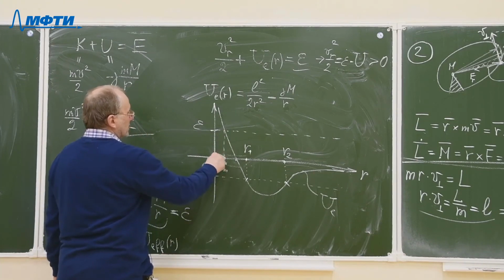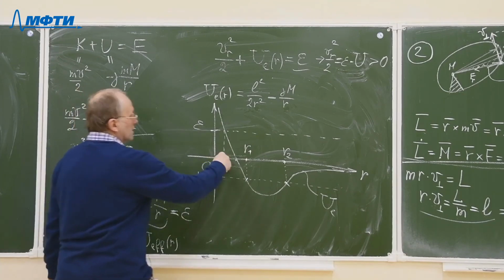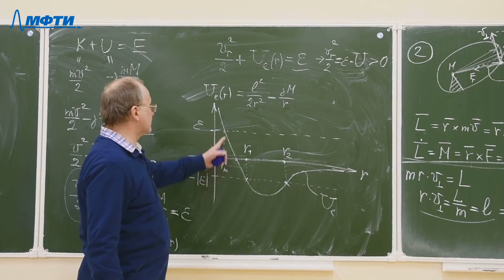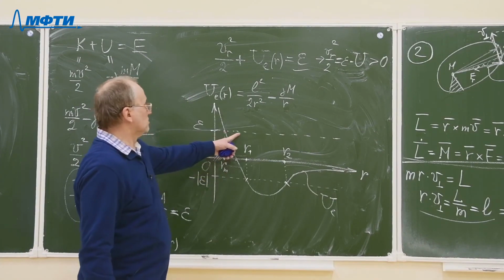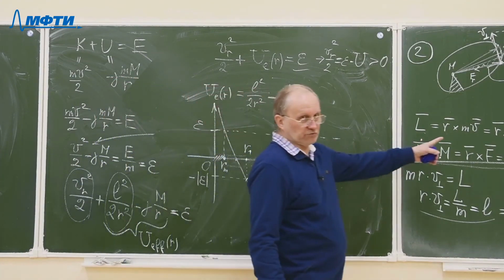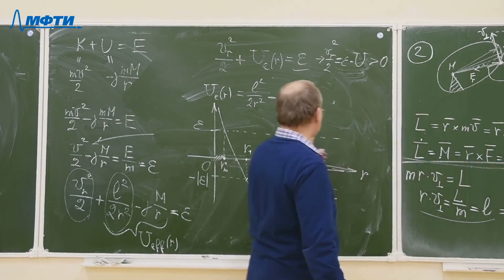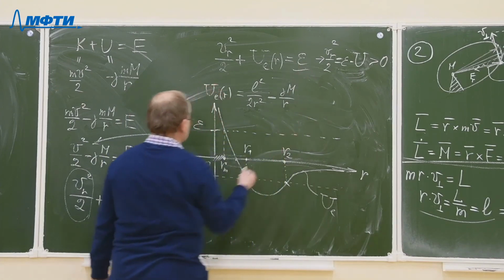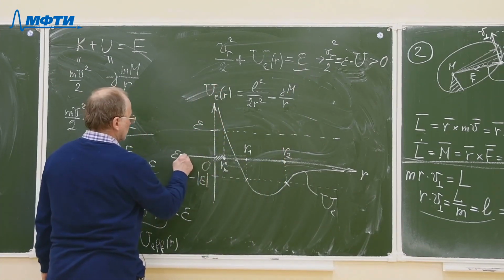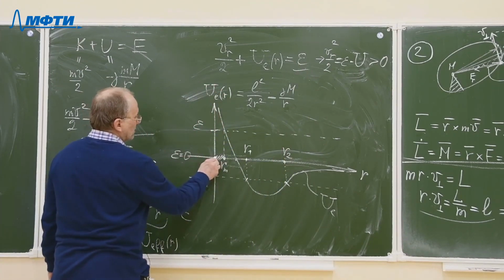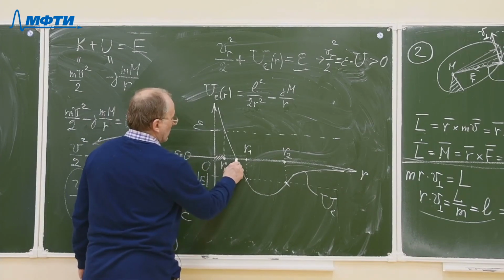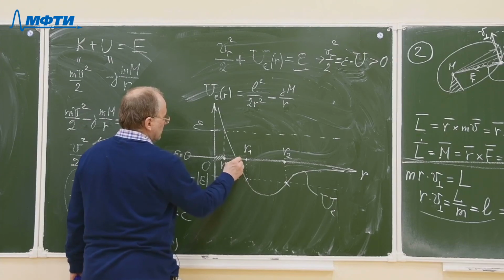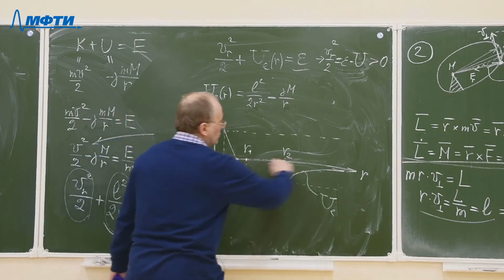So only these distances will be forbidden, all other distances will be possible, so that such a celestial body will move to infinity. And in another situation, when epsilon is 0, the planet or any celestial body could move from this minimum radius to infinity.